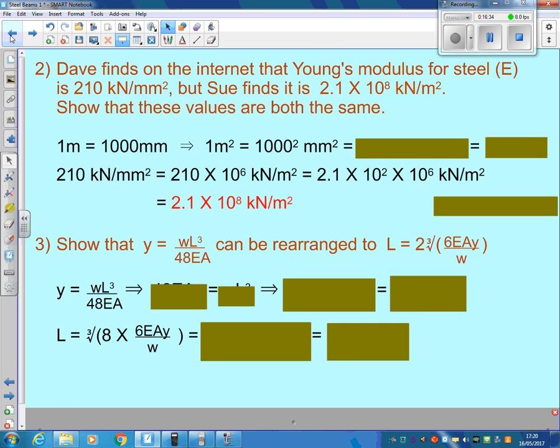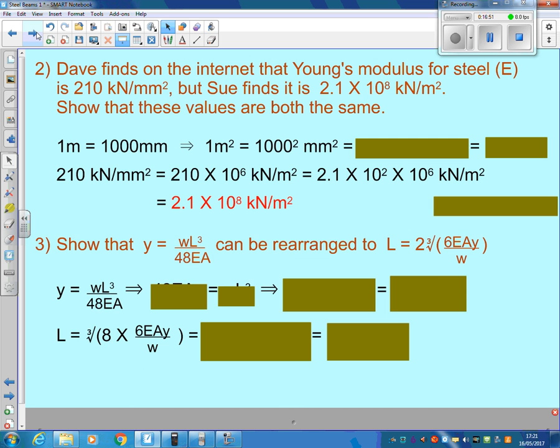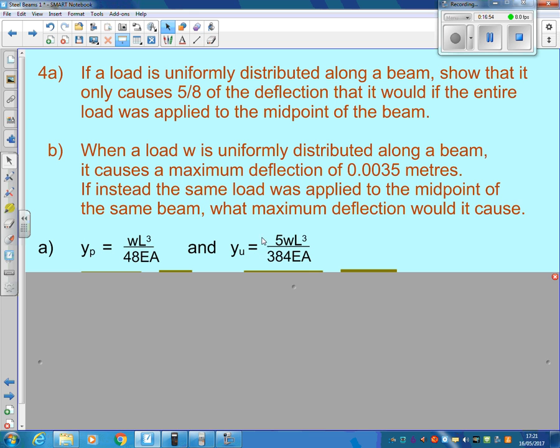So it's like saying, if we apply all the pressure there, that's a point load. If it's nicely spread all the way along the beam, it is a uniform load. And you've got different equations. That's the equation for point load. And when it's a uniform load, if you look on your data sheet, that's the equation if it's a uniform load.